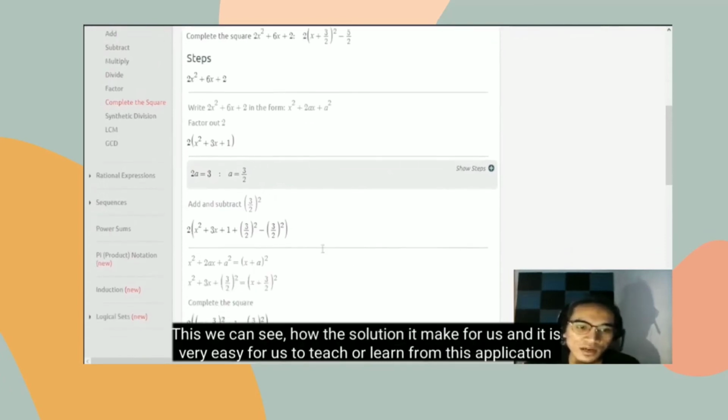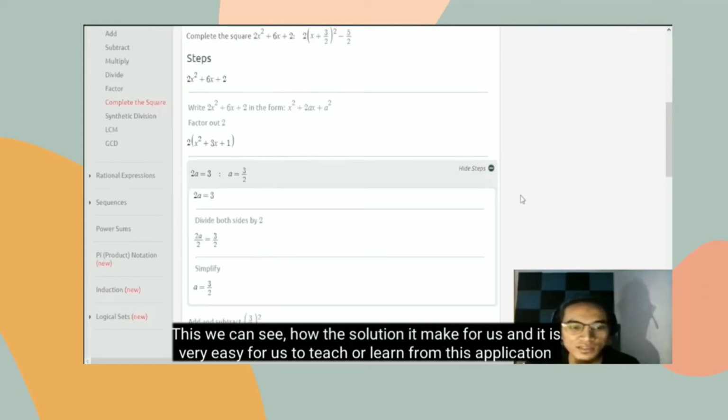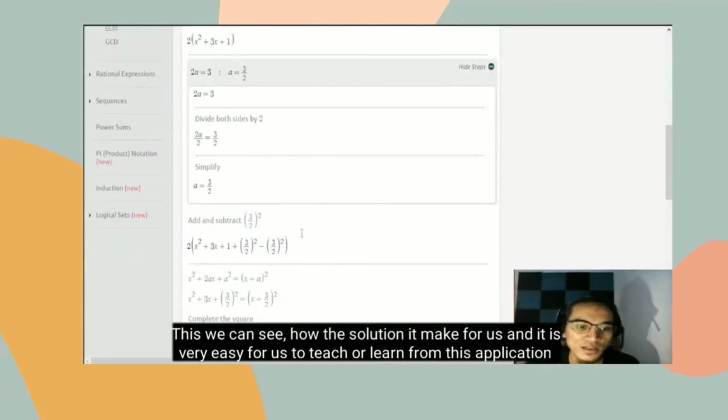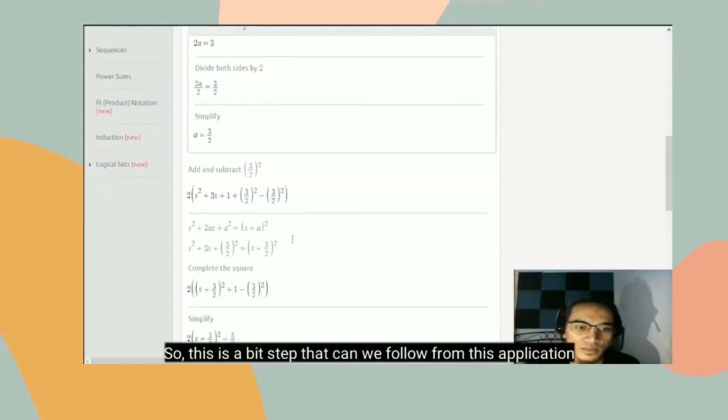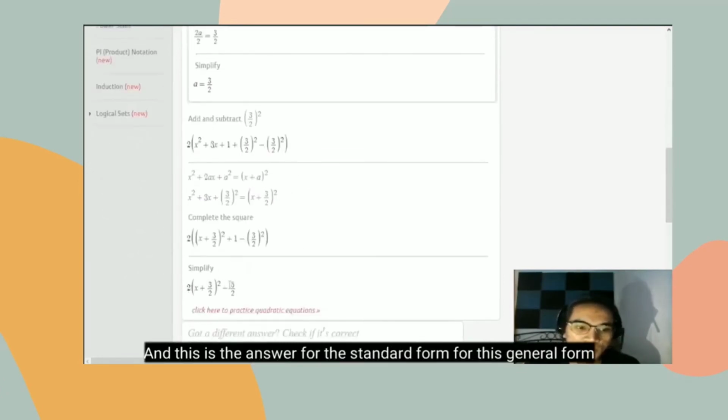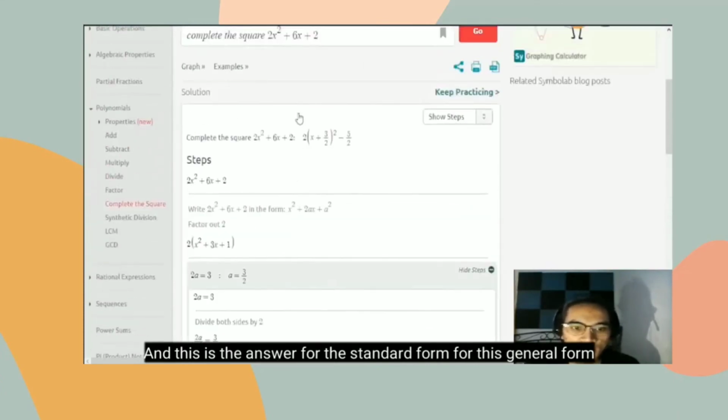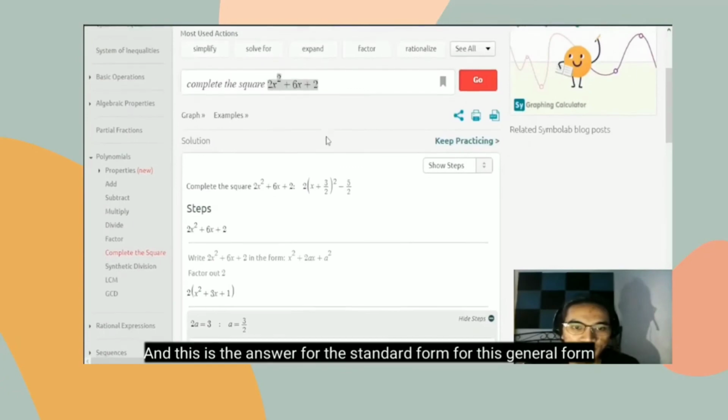We can see how it makes the solution for us, and it's very easy to teach or learn from this application. This is the step-by-step we can follow, and this is the answer for the standard form of this general form.